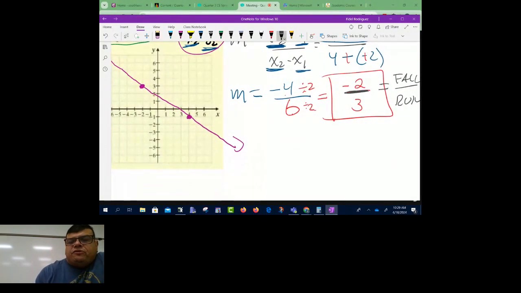Y'all, all the slope is telling me is how do I move from one point to another, okay? So from this point right here, y'all, I'm going to fall 2 spaces. Look, 1, 2. And then I'm going to run to the right 3. 1, 2, 3. Hey, look, there's another point in my line. I'm going to do that again, y'all. I'm going to fall 2. 1, 2. 1, 2, 3.